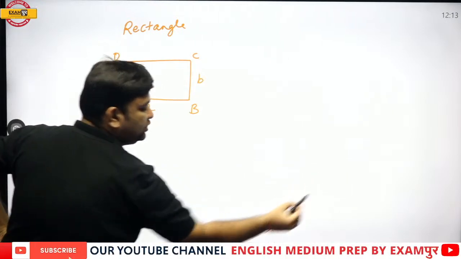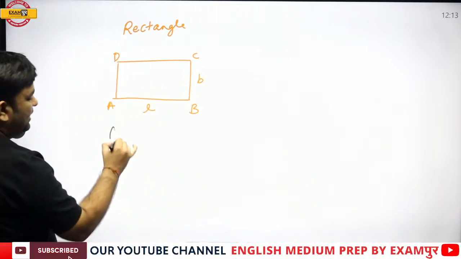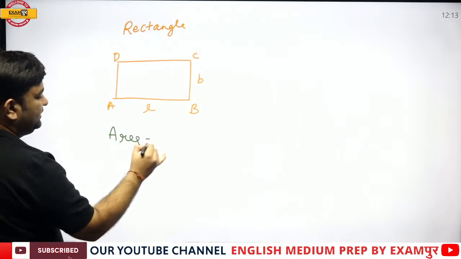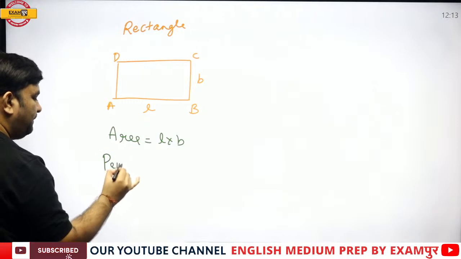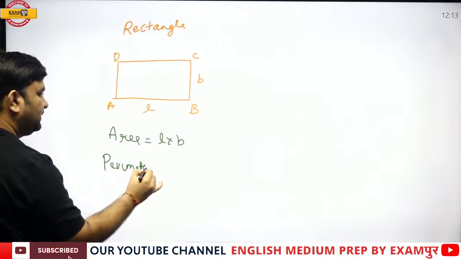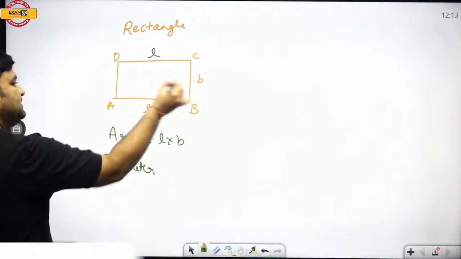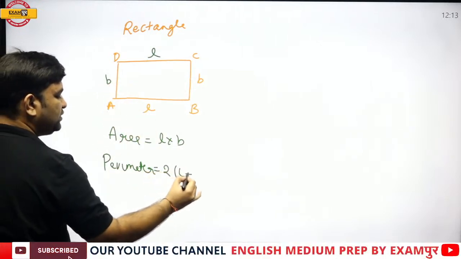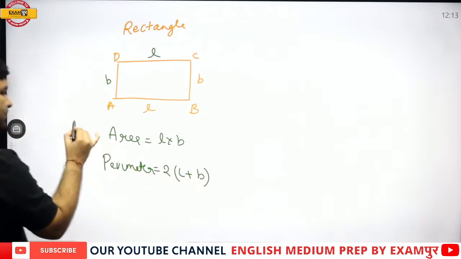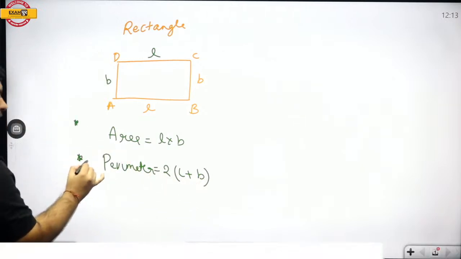Assume a rectangle length into breadth. So area is length into breadth. Perimeter: if this is L, this is also L; if this is B, this is also B. So perimeter is twice of L plus B.